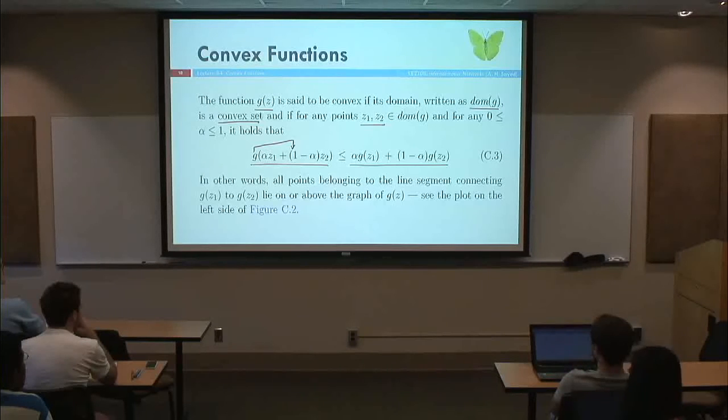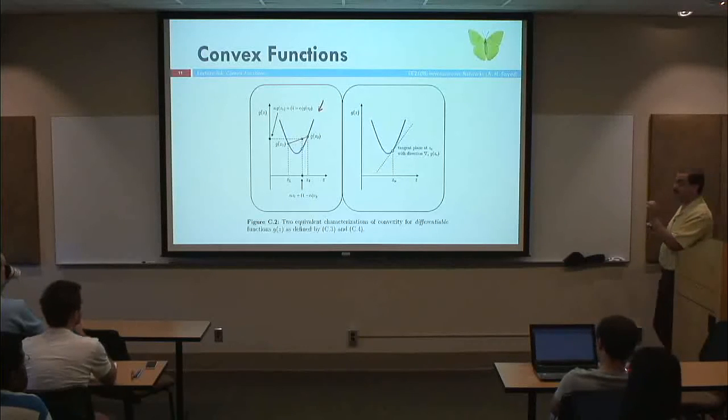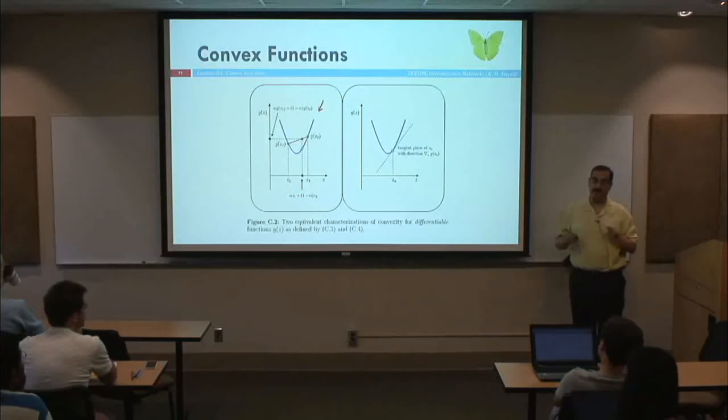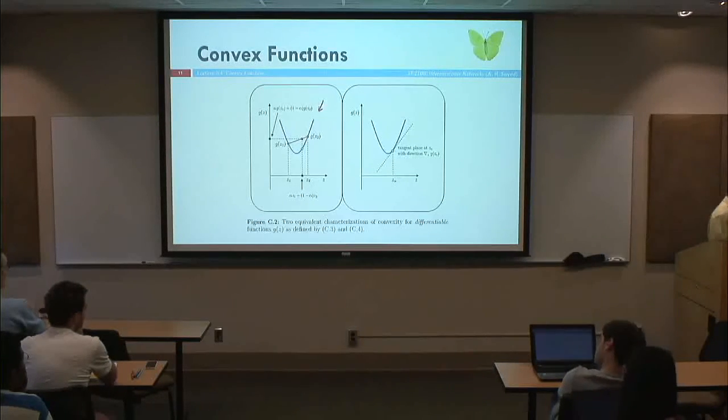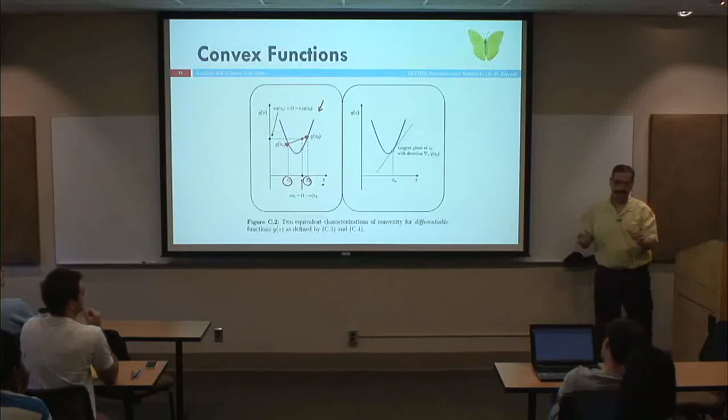So what this means is the following. In this figure here, I have a convex function. This blue curve is a convex function. It's a function of the variable z. Let's pick 2 points, z1 and z2. So this is g at z1, and this is g at z2. Let's now evaluate g at any point in between.